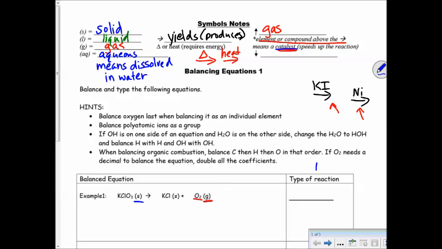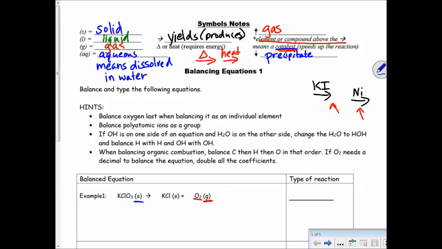Now, the last thing up here that you might see as a symbol means arrow down, and arrow down is actually referring to something called a precipitate. Precipitates form a solid crystal that falls to the bottom. So a lot of times in these chemical reactions you'll have two solutions.